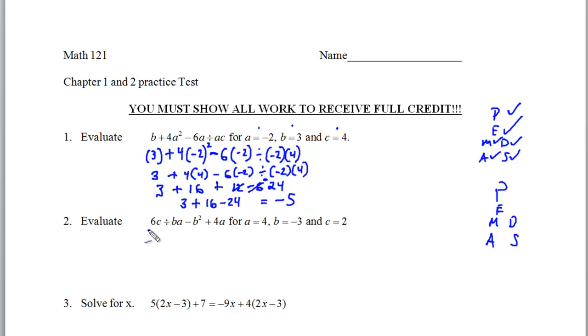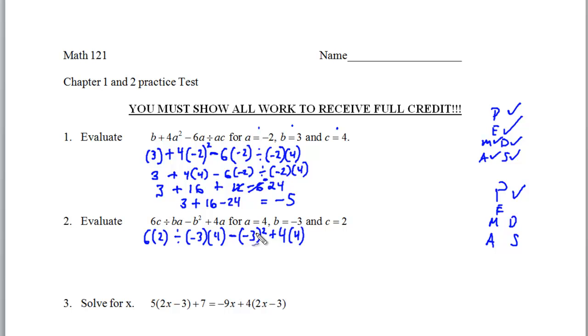So we're going to type in 6 times the quantity of 2 right there, divided by B, which is -3, times A, which is 4, minus, in parentheses, B, which is -3 squared, plus 4 times 4. What you have to do here is the exponents first, since there are no parentheses with anything inside that can be simplified further, not like you would see in problem 3.